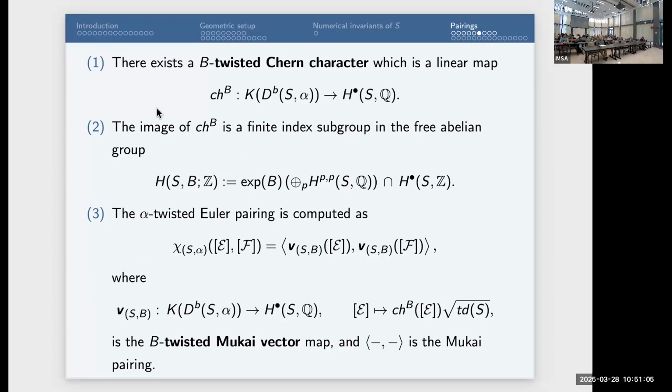More precisely, there exists a B-twisted version of the Chern character, which is a map from the K group to the cohomology. The image of this twisted Chern character is defined in the Hodge structure. Essentially, the alpha twisted Euler pairing is computed as before, but we are changing, using the B-twisted Chern character instead of the Chern character.